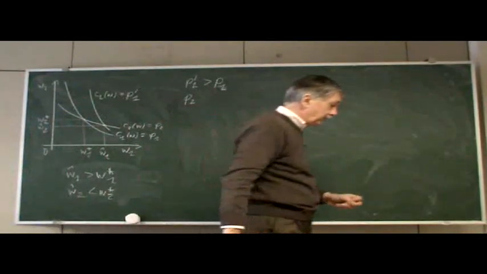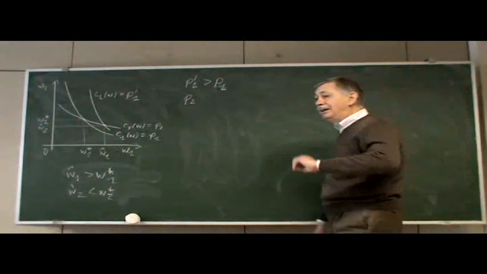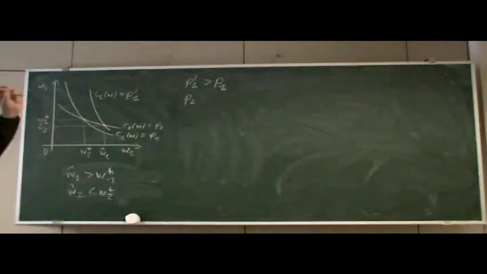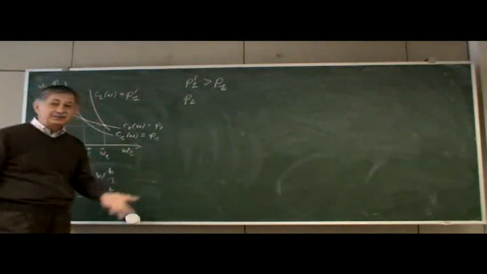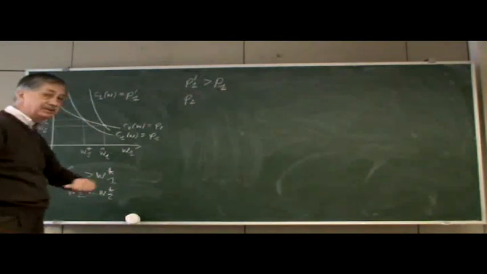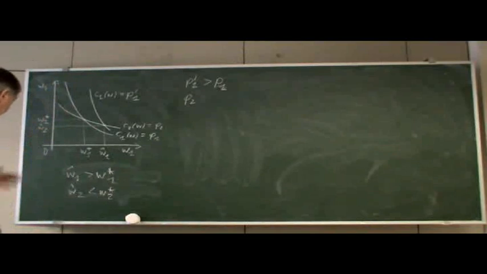In other terms, we obtain the following result. When the price of good one increases, since good one is more labor intensive than good two, the wage increases, while the price of capital decreases.